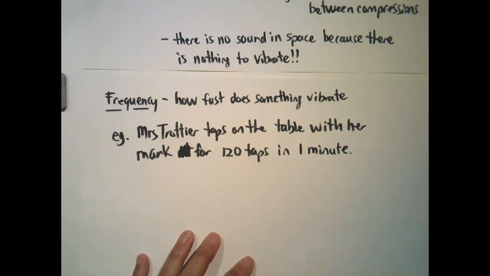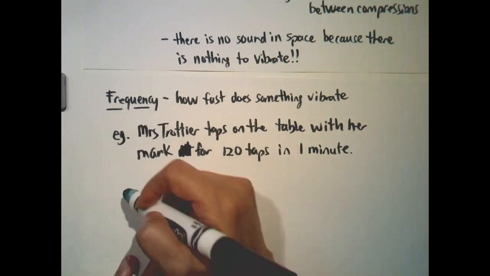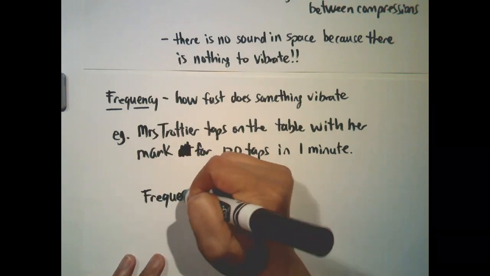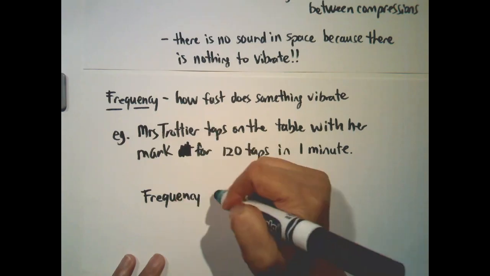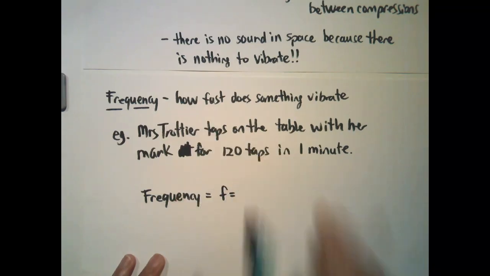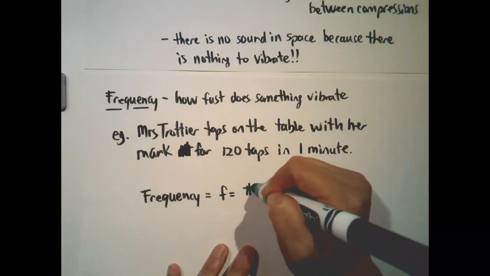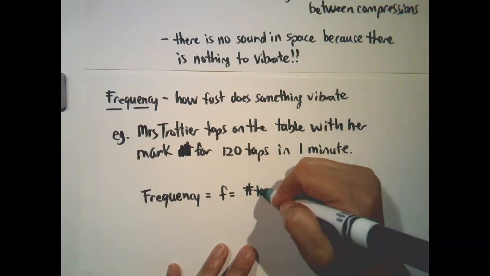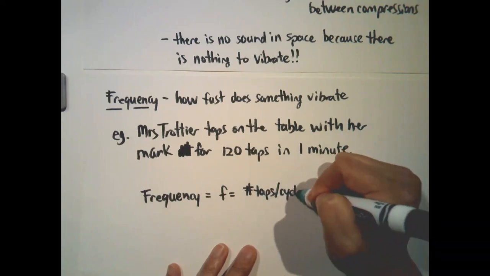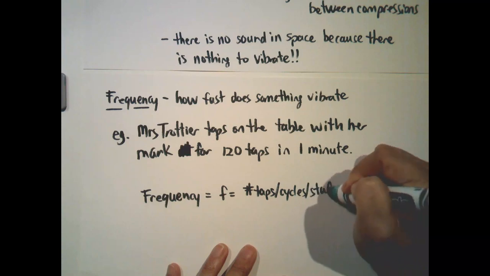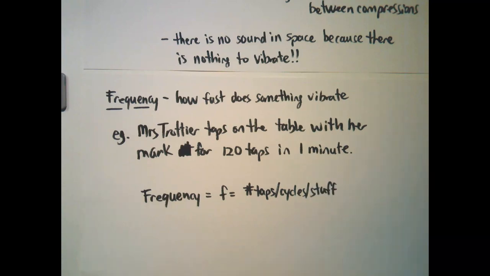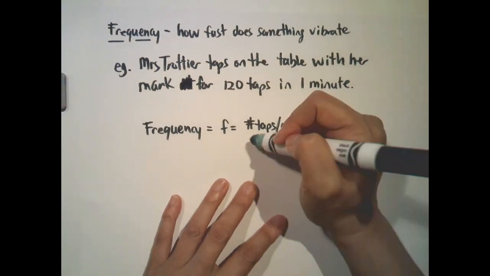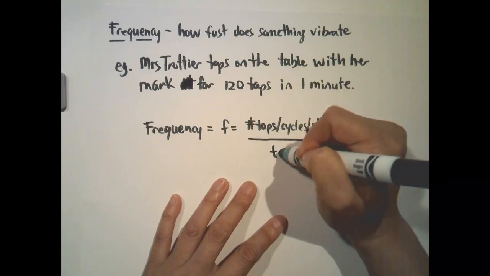Let's do that, okay? So to calculate the frequency, here's the formula. Frequency, which is often written as a little f, is equal to the number of taps or items, you can say cycles or number of stuff, because frequency can be described for many things that repeat over and over again, all divided by the time it takes.